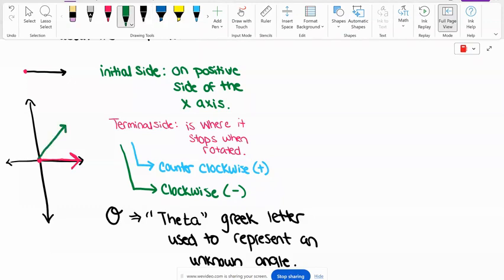Now this green one is my terminal side. Pink is our initial side. And right here, that angle that was created, see how I rotated counterclockwise from my initial side to my terminal side? That's our theta. And this would have been a positive angle measurement.